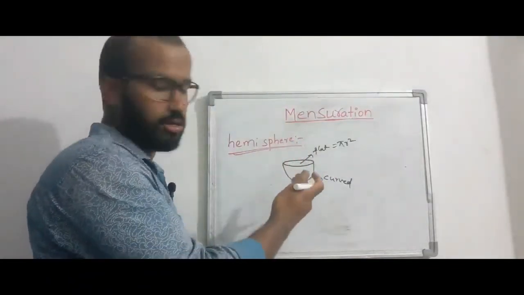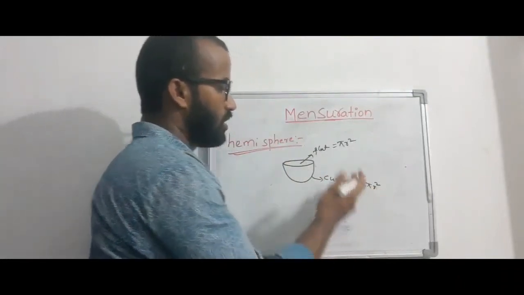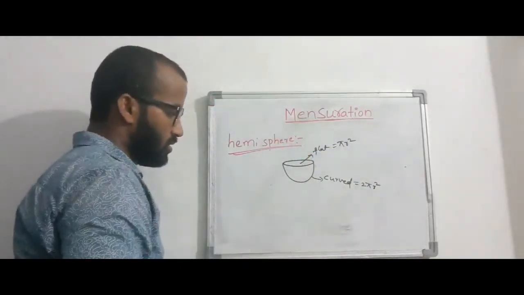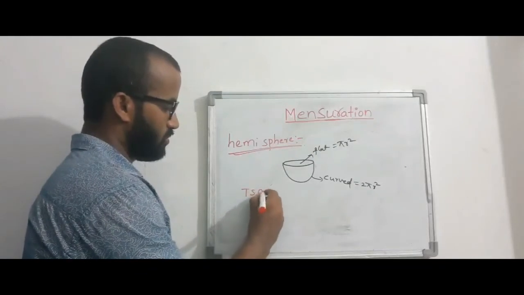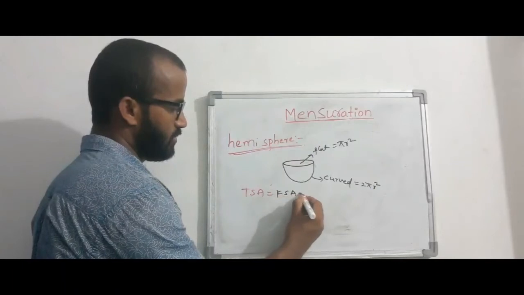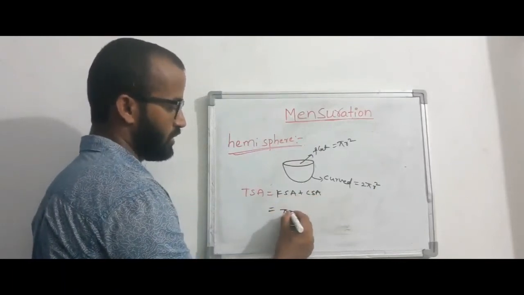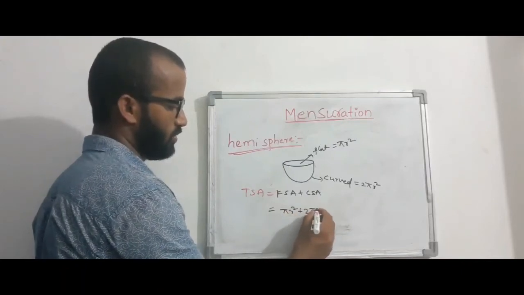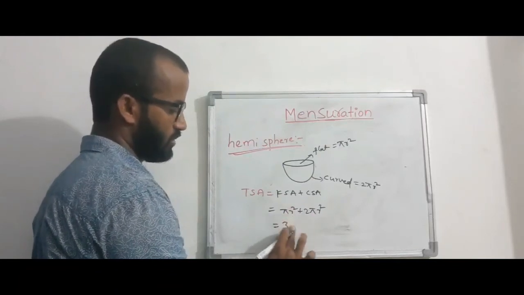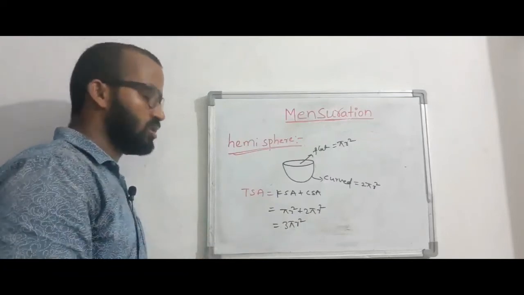For half sphere, 2 pi r square. If you add flat surface area and curved surface area, total surface area is equal to flat surface area plus curved surface area. What am I going to get? Pi r square plus 2 pi r square. So 3 pi r square is the total surface area.